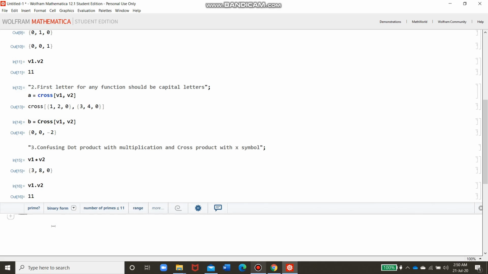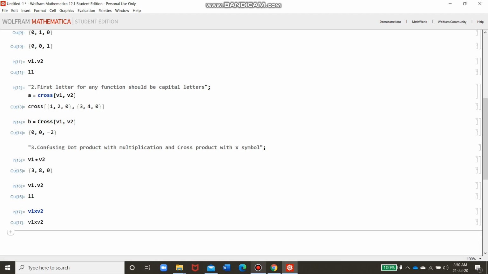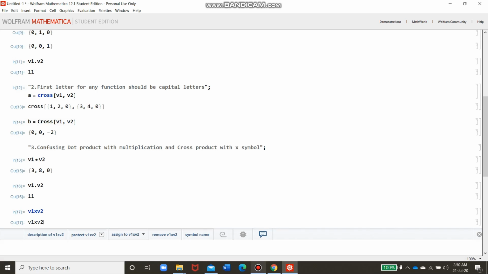Then a common mistake which I have personally done many times is, instead of the cross function, I just put a dot over here, thinking of cross as an X, and v2, shift enter. I get something wrong because this will create itself as one variable.